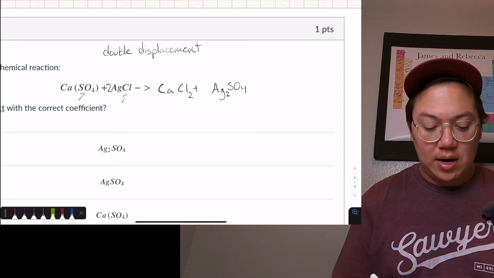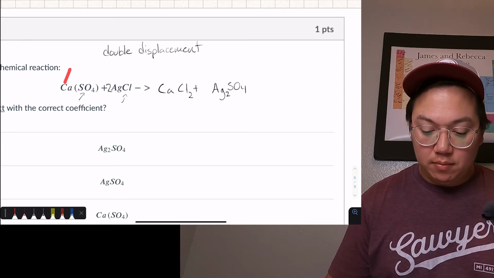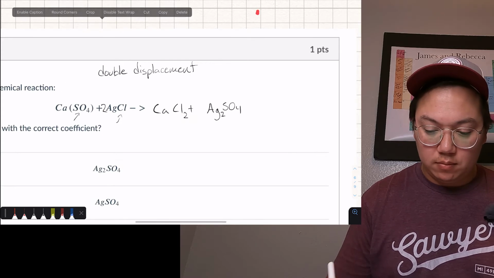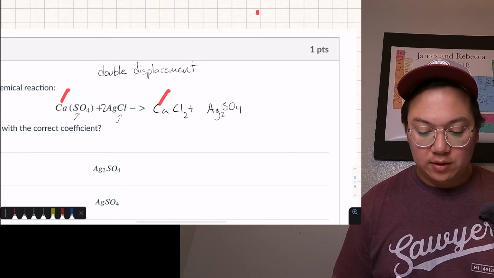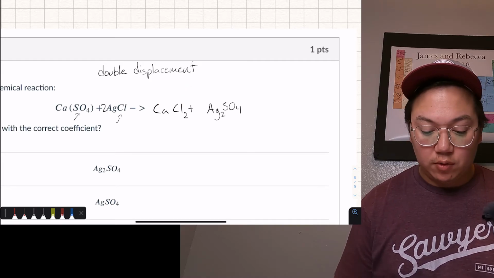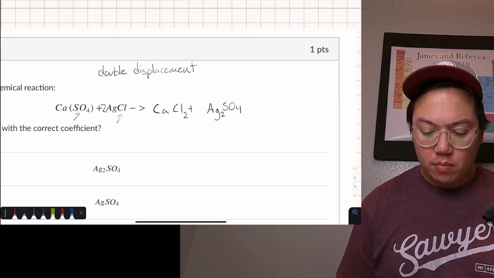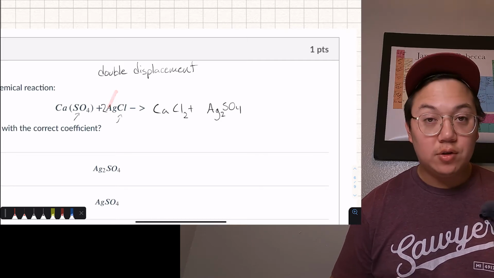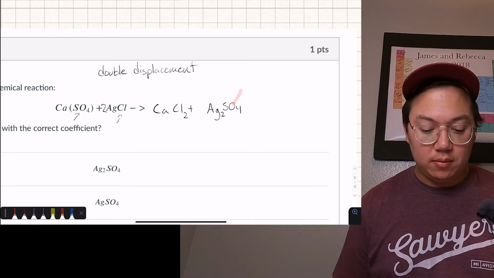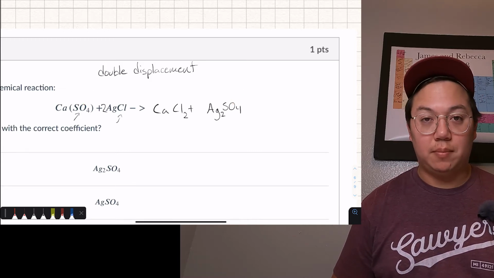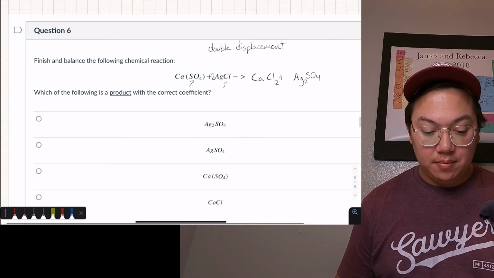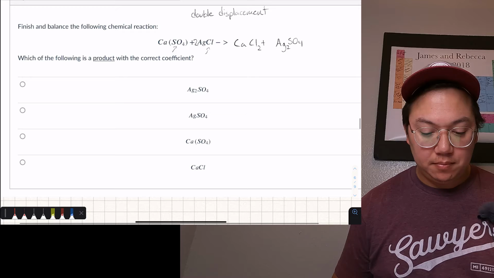So just to go back and check, we have 1 calcium, 1 calcium. We have 2 chlorines for our 2 chlorine. We have 2 silvers, and that matches with these 2 silvers. And we have 1 sulfate, which matches with this 1 sulfate. So we have completed and balanced the following reaction.